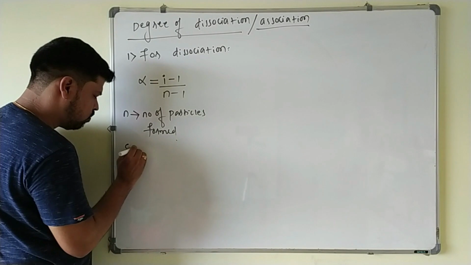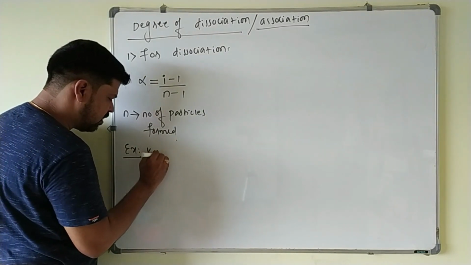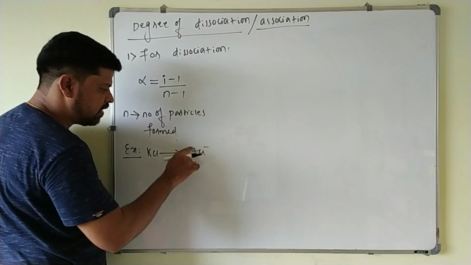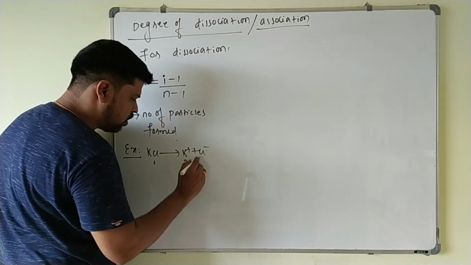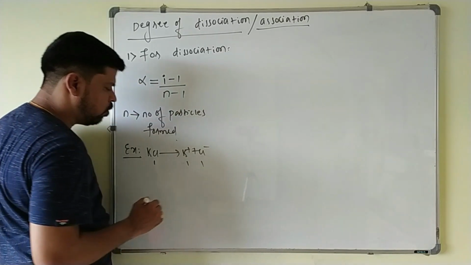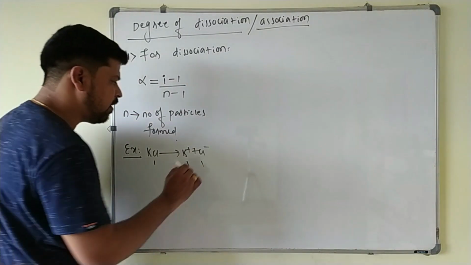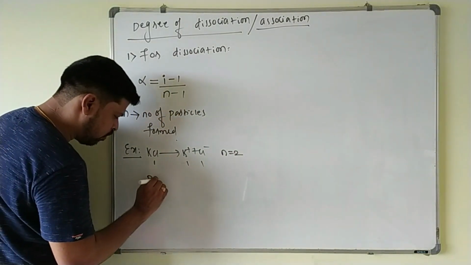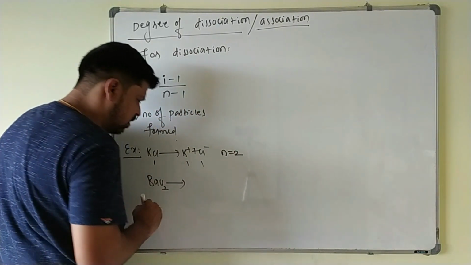For example, if I take KCl, after dissociation it produces 2 particles, that is K plus and Cl minus. So, 1 becomes 2 here. 1 plus 1 is 2 particles. So, here for KCl n value is equal to 2. Suppose I take barium chloride, BaCl2, then what happens?